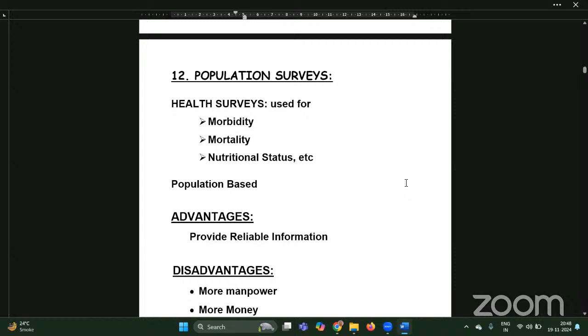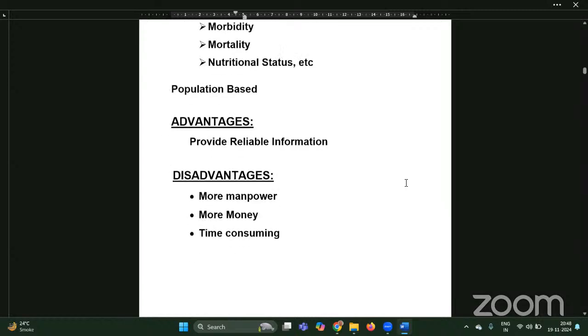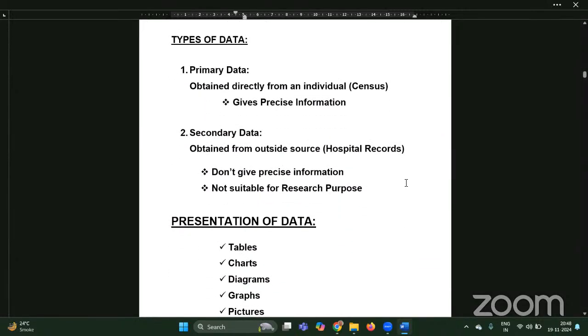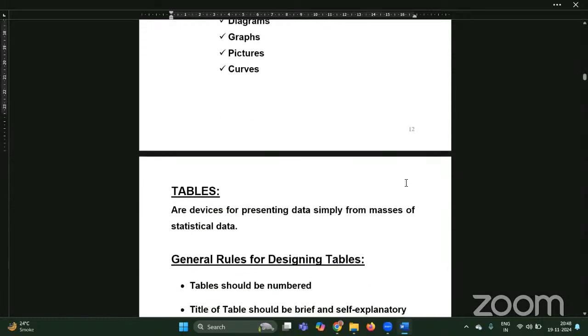The most important is population surveys, which are hardly ever done, right? People don't want to go to the population basically. The data are of two types. The primary, once you ask a person directly, that's primary data. And if you're getting it from other sources like hospitals, etc., that's the secondary data.